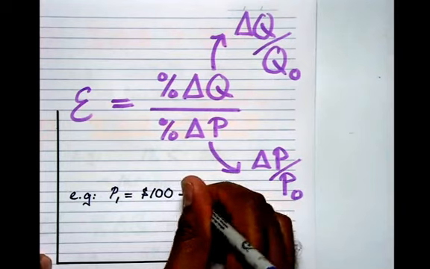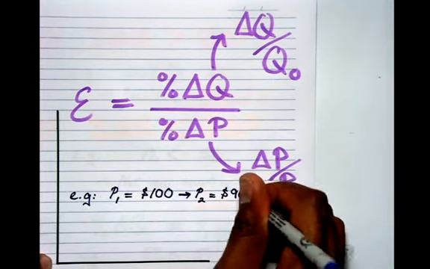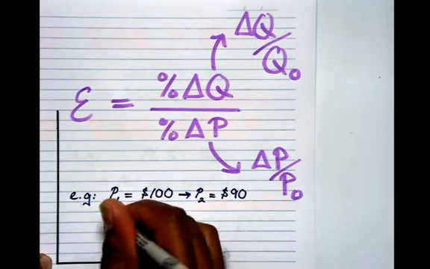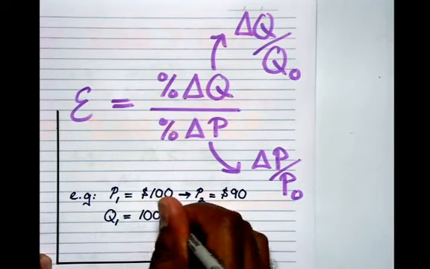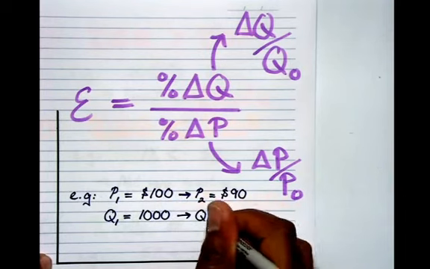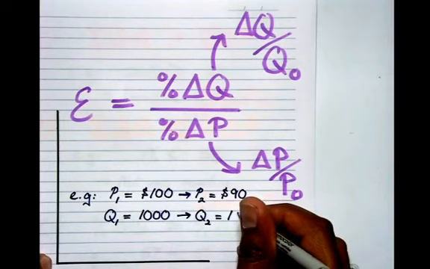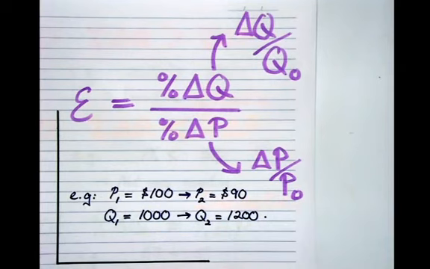It has now been discounted to $90. We used to sell 1,000 units, and now we are selling 1,200 units. Can you calculate the percentage changes and calculate the elasticity, please? I'll give you 2 minutes.